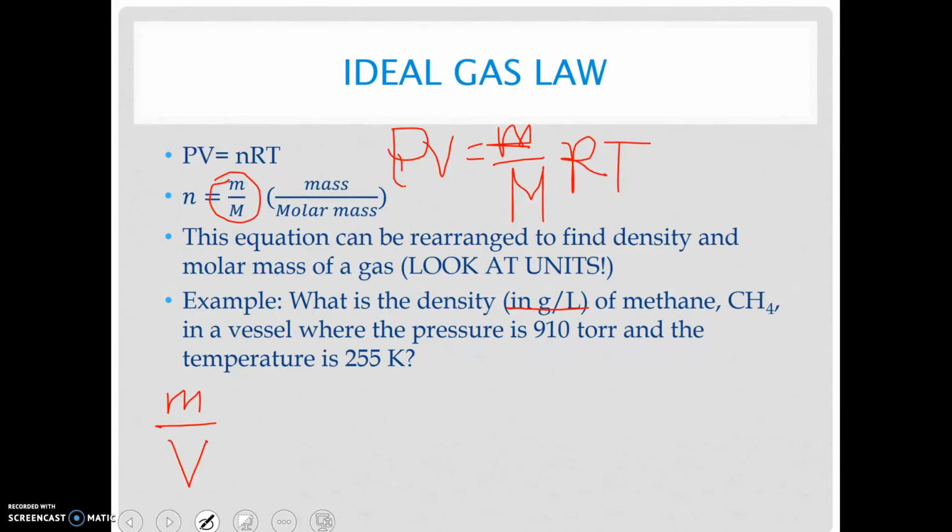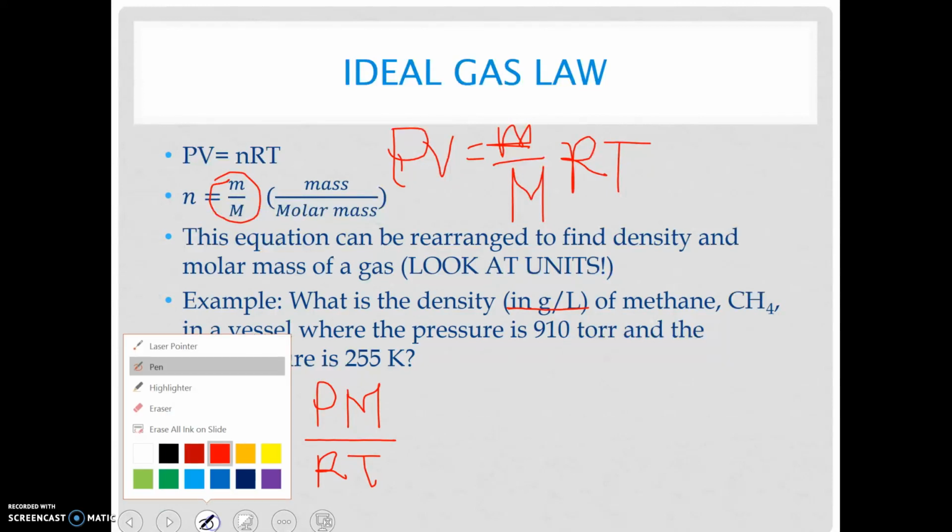That should be a P. Okay, so when you do this, try to get lowercase m and capital V over at the same side. So when you end up doing this, you should have P and then M over RT. And then you just solve for that. So pressure times the molar mass, divided by R times T. And you have all the information that you need in order to do that. So hopefully that helped.